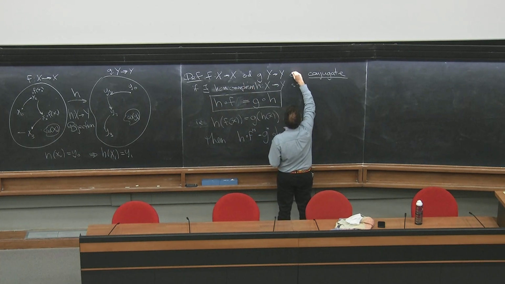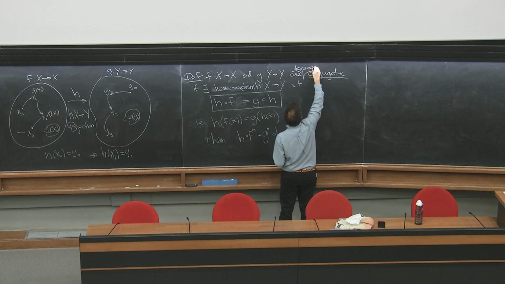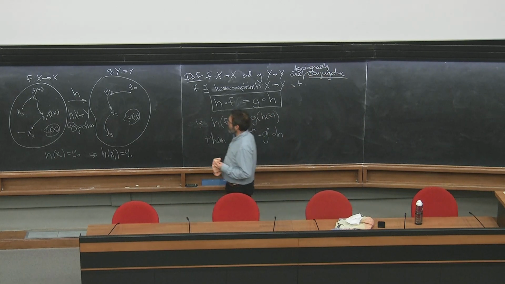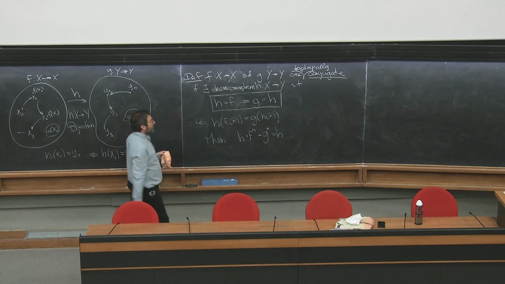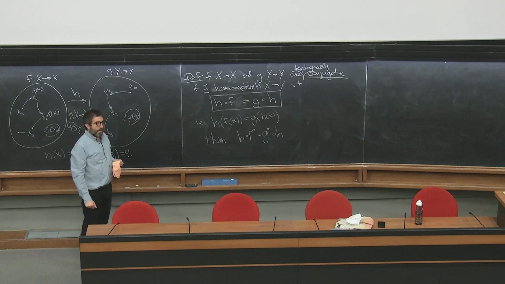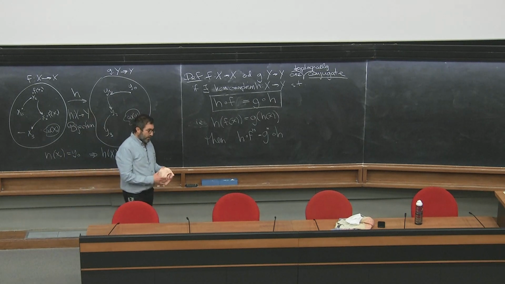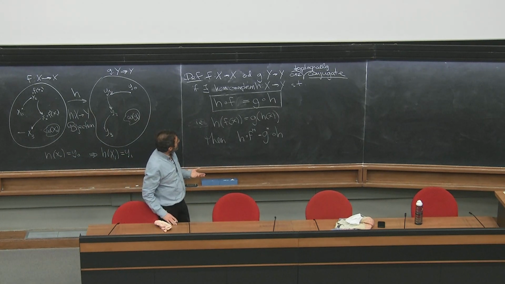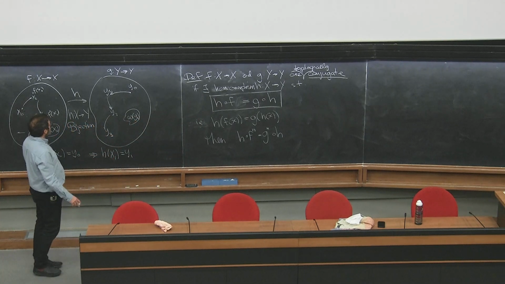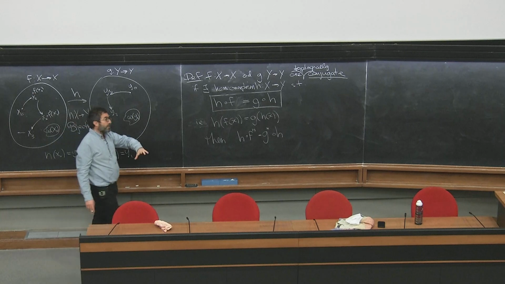And then we say that this is topologically conjugate. And then we will see how in the exercises you can see that in this particular case, of course you need a bit more structure here, right?